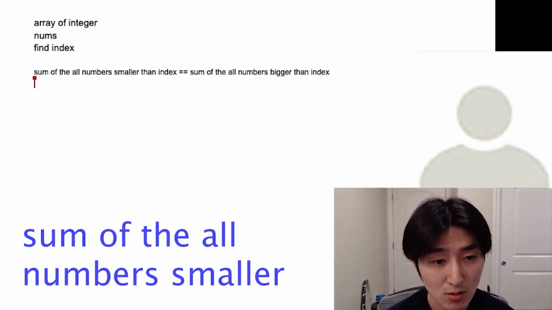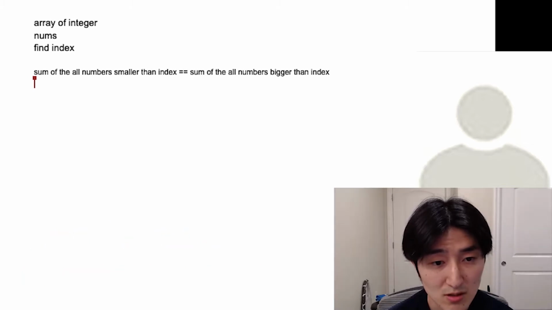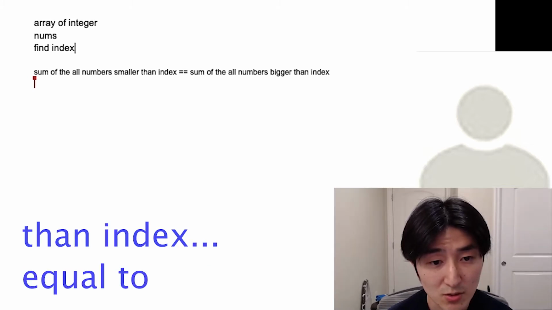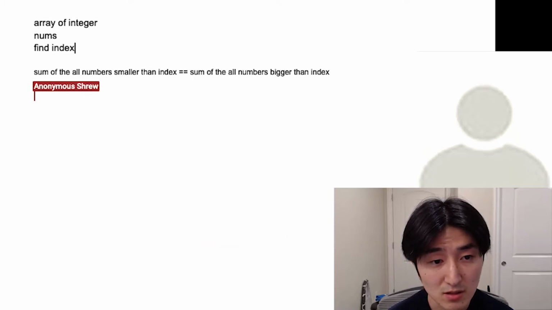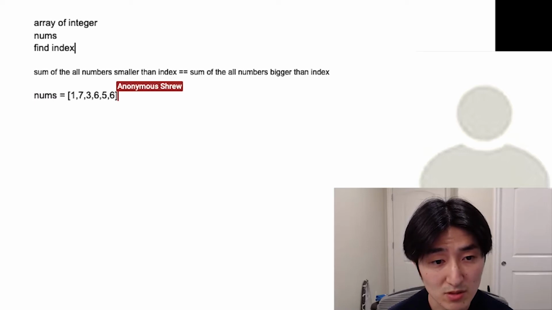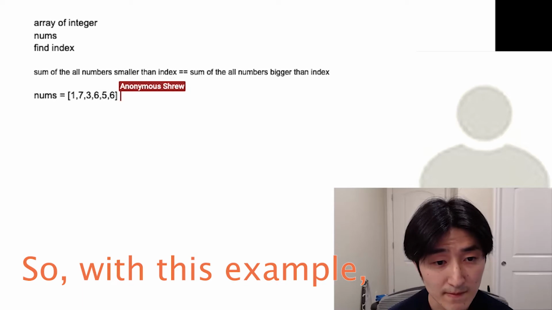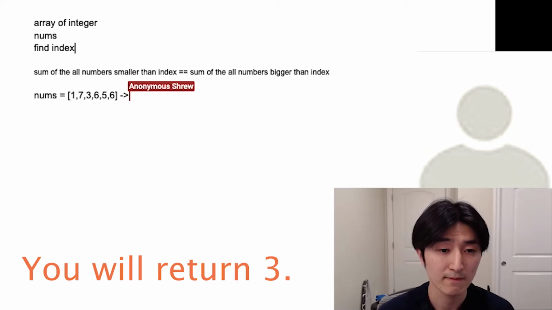The sum of all the numbers smaller than the index equals the sum of all the numbers bigger than the index. So with this example, you will return 3.